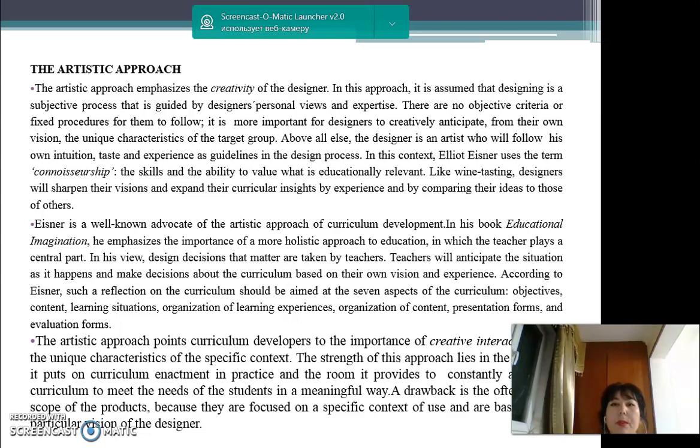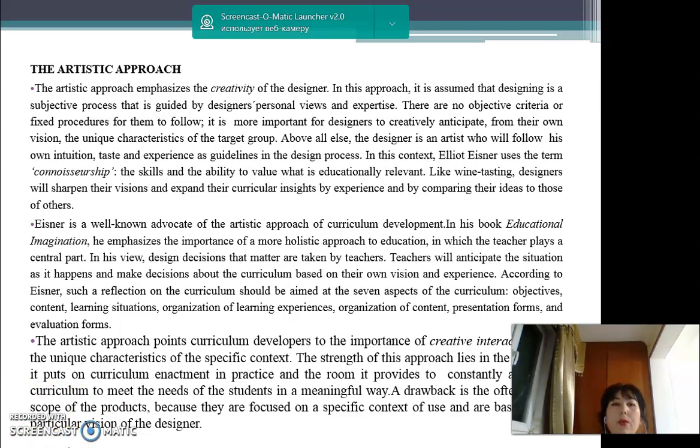the design process. In this context, Elliot Eisner uses the term connoisseurship, the skills and the ability to value what is educationally relevant. Like wine tasting, designers will sharpen their visions and expand their curricular insights by experience and by comparing their ideas to those of others.